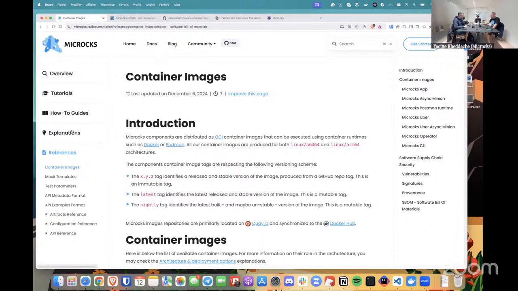Yes. So my third topic for today is about a question that was coming around and around over the past months. As you may know, Microcks is very modular.